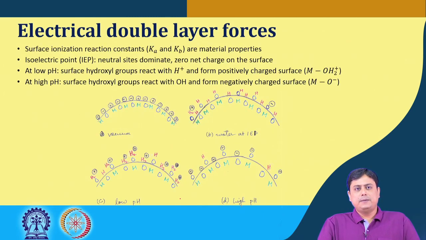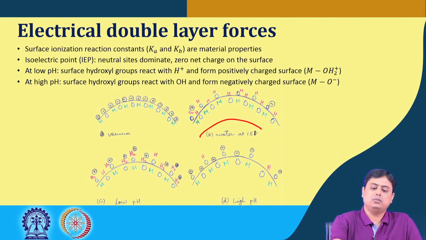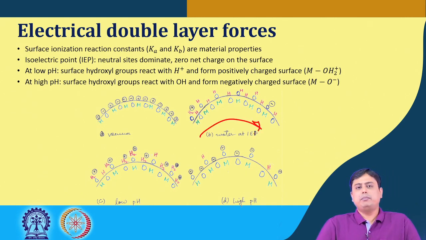So, there is an isoelectric point, called IEP, where we have mostly neutral sites on the surface, that is, zero net charge on the surface, which is this kind of scenario. Here we have mentioned it for water, considering pH as 7. But this is again material specific.